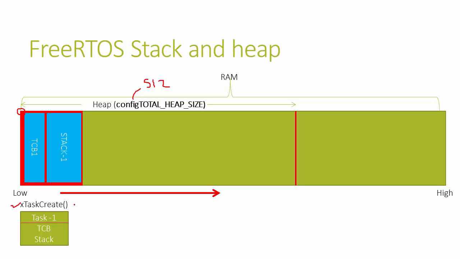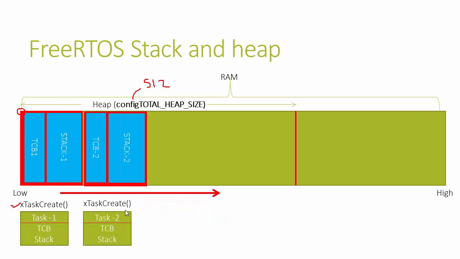Whenever you create a task dynamically, a TCB will be created in the heap region. That means memory will be allocated to hold the TCB, and the stack memory of the task will be reserved in the heap memory. So whenever you create a task, this much memory will be consumed: memory for the TCB plus memory for holding the stack contents of task 1.